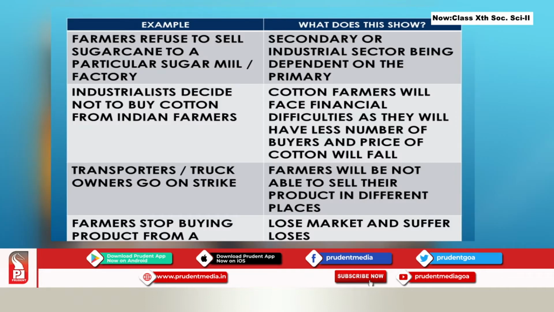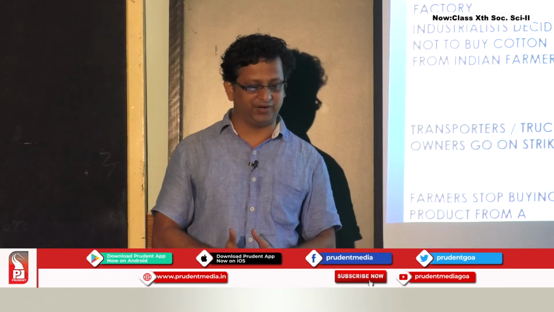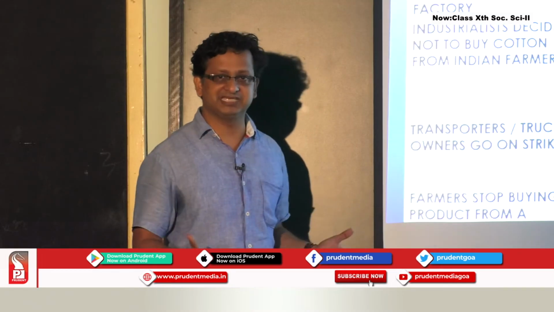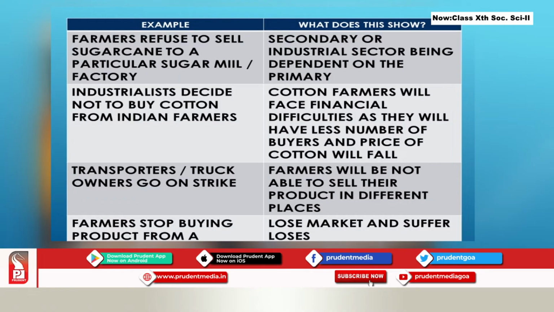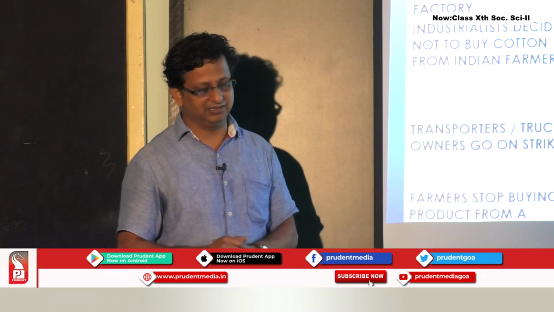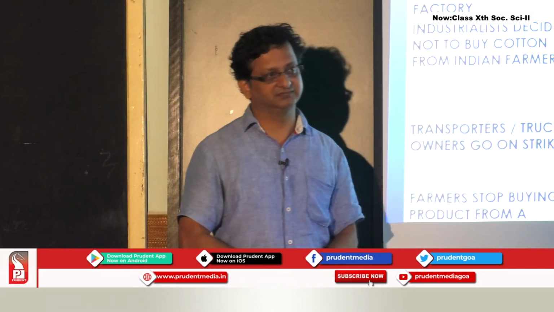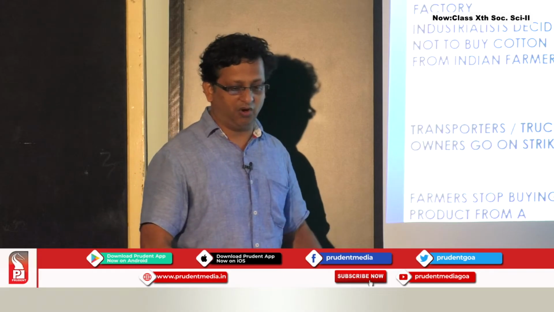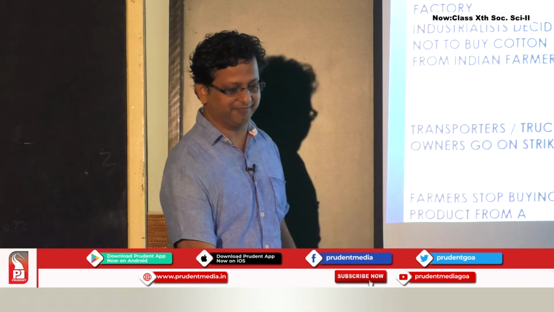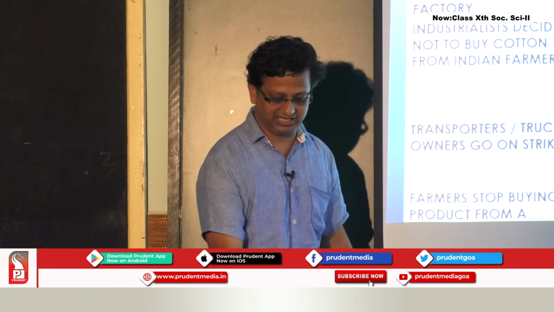Another situation where transporters or truck owners go on strike. Farmers will not be able to sell their product in different places. Another situation where farmers stop buying a product from industries. So the industries will suffer. So all these sectors are interdependent on each other.